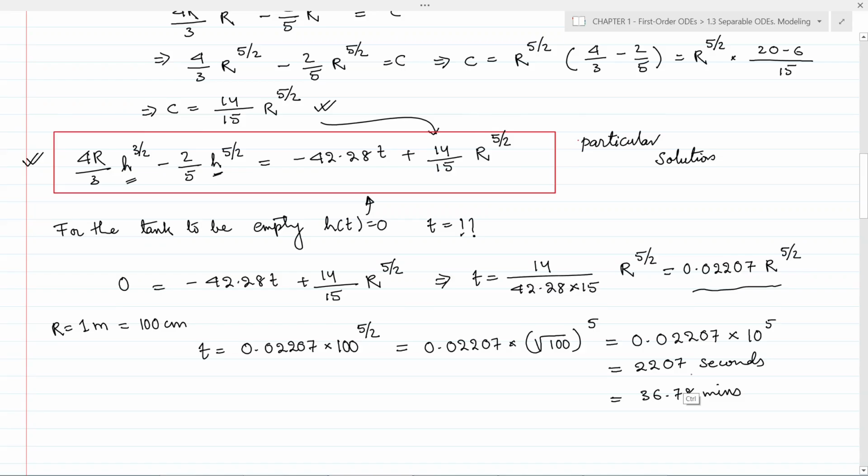So the time taken for a tank of 1 meter radius to empty is 36.78 minutes.